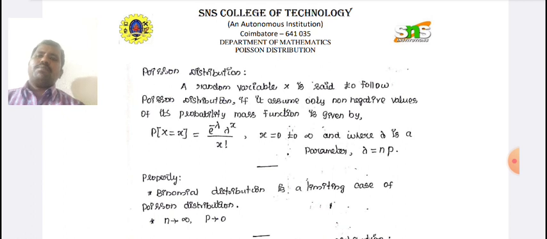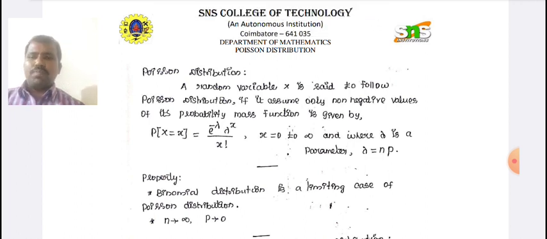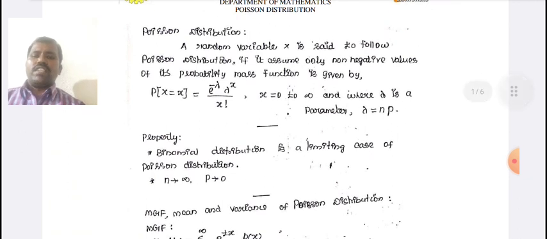Definition: a random variable X is said to follow Poisson distribution if it assumes only non-negative values and its probability mass function (PMF) is given by P of X equal to small x equal to e power minus lambda into lambda power x divided by x factorial, where x equal to 0 to infinity, where lambda is a parameter given by lambda equal to np.